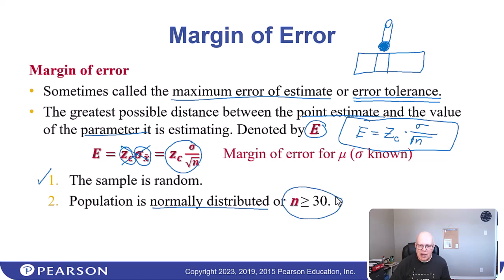If you make your sample size 30 or more, then you don't have to worry about the original population being normally distributed. So either one of these is good. Make sure your sample is random, and either the original group or set of data is normally distributed, or your samples are 30 or more.